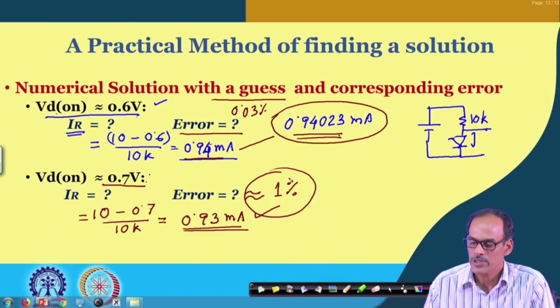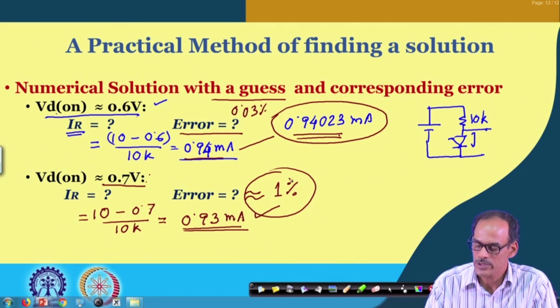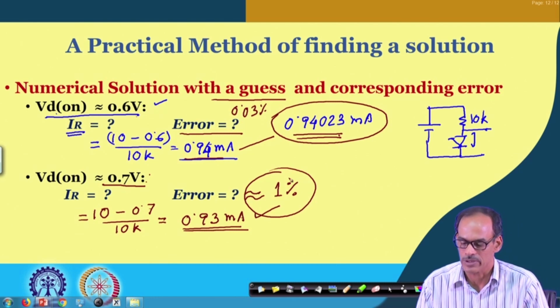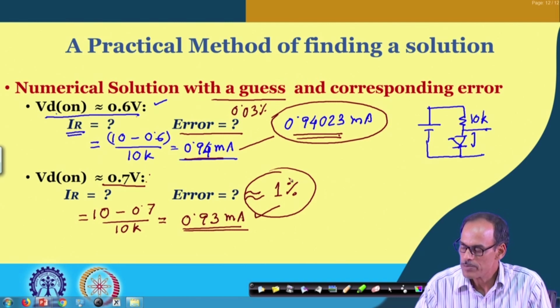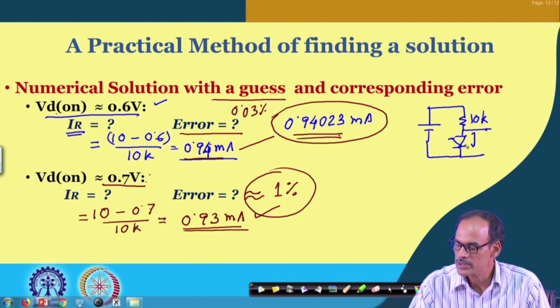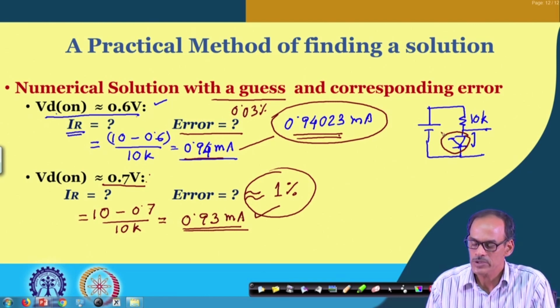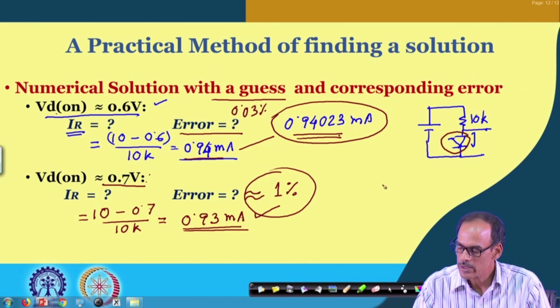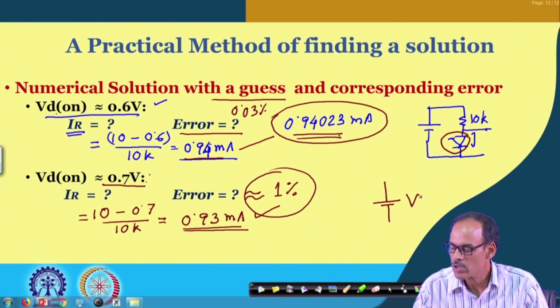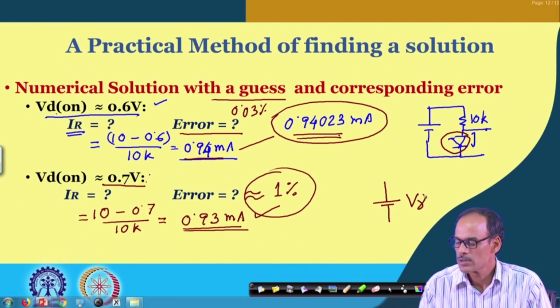Most of the time for an engineering problem, if it is well within 10%, we may say this is sufficient. So, this gives us one indication that probably we may have some practical method to replace this diode by something called a model. So, what is that model? We may consider that if the diode is on, the drop across this diode may be around 0.6 or 0.7, and let us call this voltage V gamma.